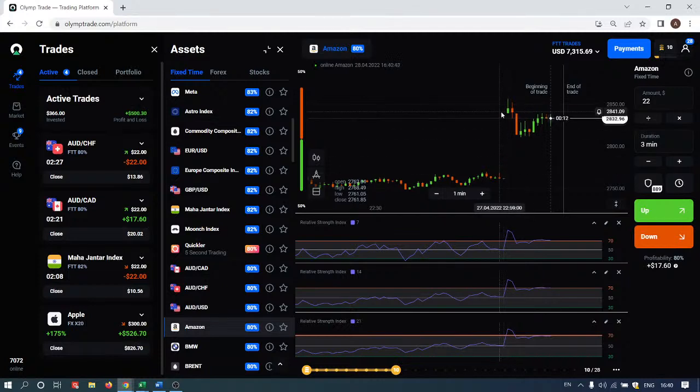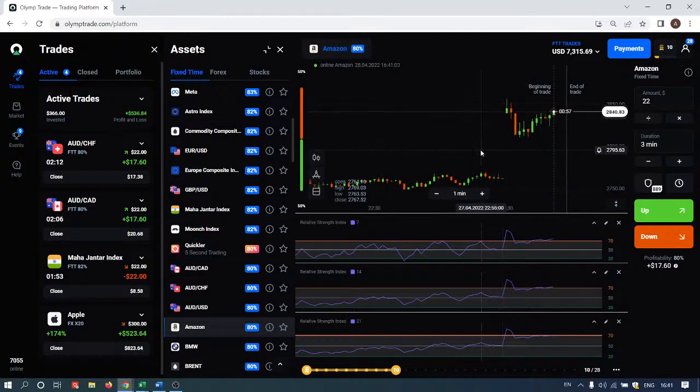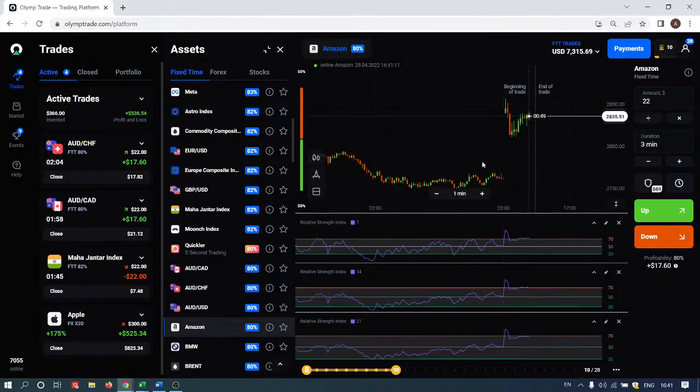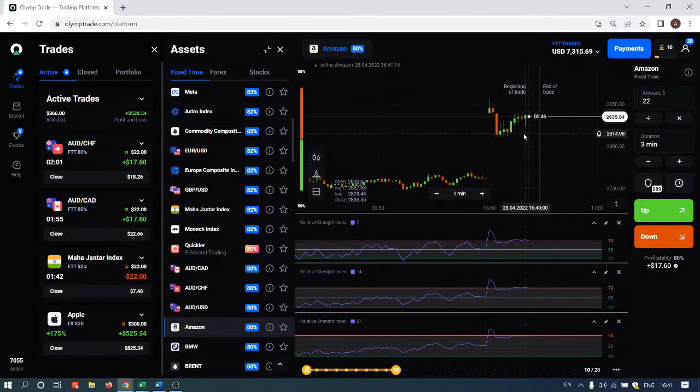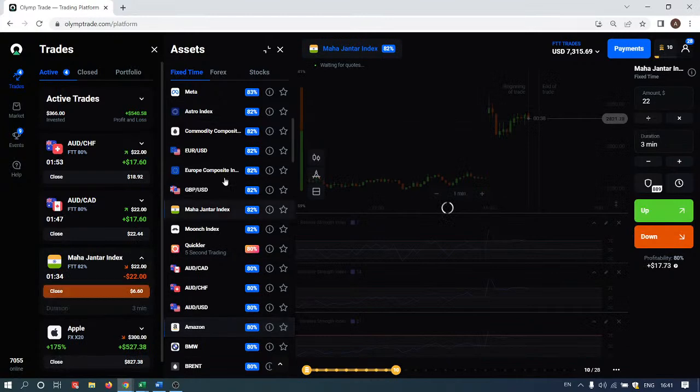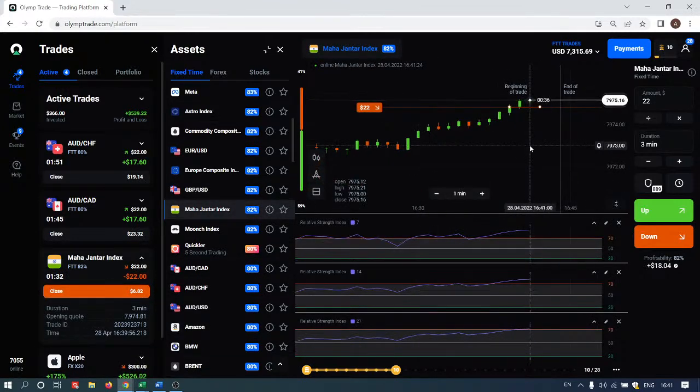This opening gap, because the US stocks only trade 6.5 hours per day, so 9:30 a.m. New York time through 4 p.m. New York time, and during other times the market is closed, and that is why we usually have these gaps, but they don't mean that the asset is overbought or oversold. This is a totally different story. This is why probably this strategy is not really applicable to stock trading or forex stock trading.